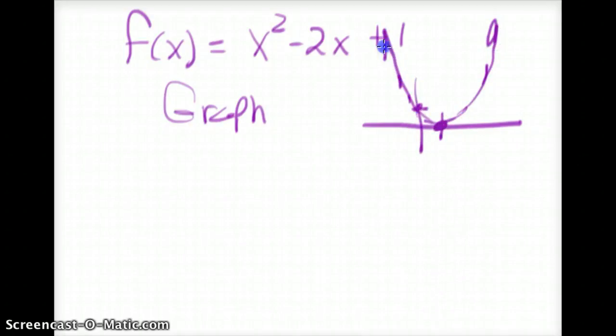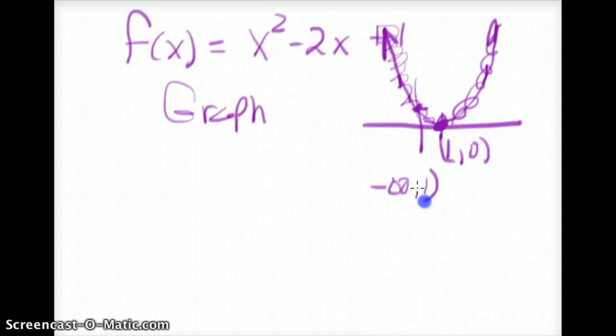So that's my parabola. Now think about it. This is a minimum point at (1, 0). Notice it's decreasing from negative infinity to 1 and is increasing from 1 to infinity.